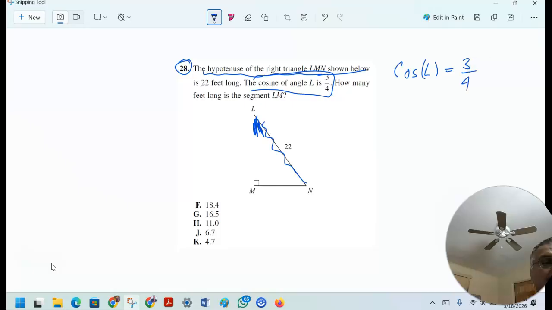Remember, cosine means adjacent over hypotenuse. So for this reference angle L, this becomes the adjacent and this is the hypotenuse. The question is asking how many feet long this LM is. How much is this height?